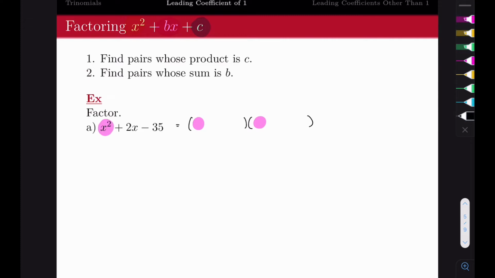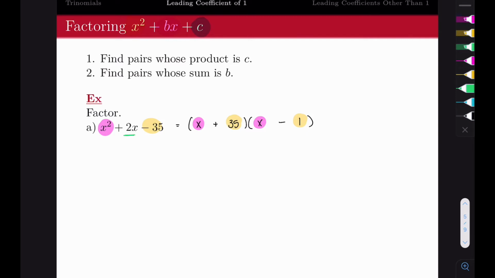So the only way I could do that is if it's an x and an x. And I want the last terms to multiply to this negative 35. So this is where I would go through and I would try something. Maybe we know the answer, but maybe I try a positive 35 and a negative 1.